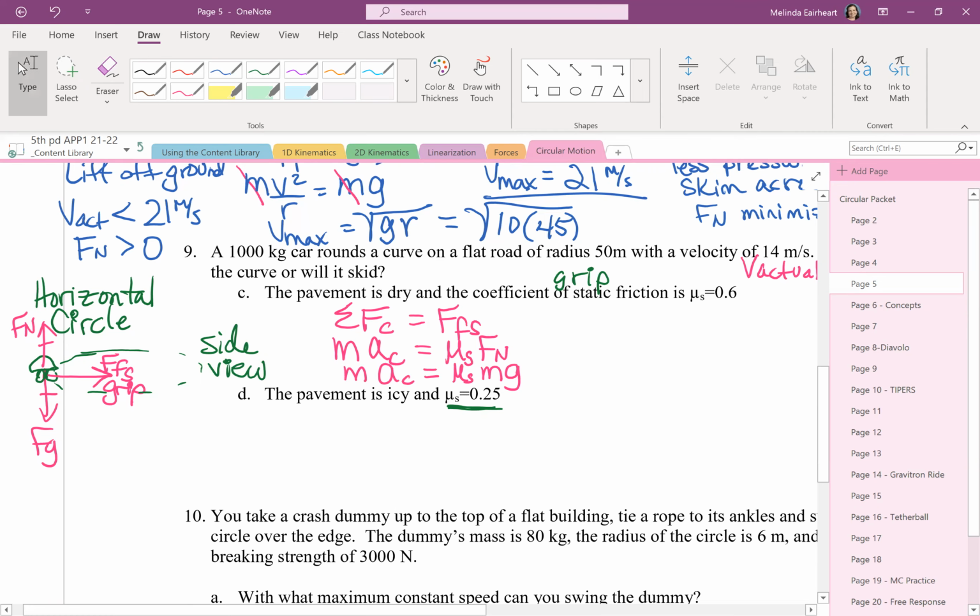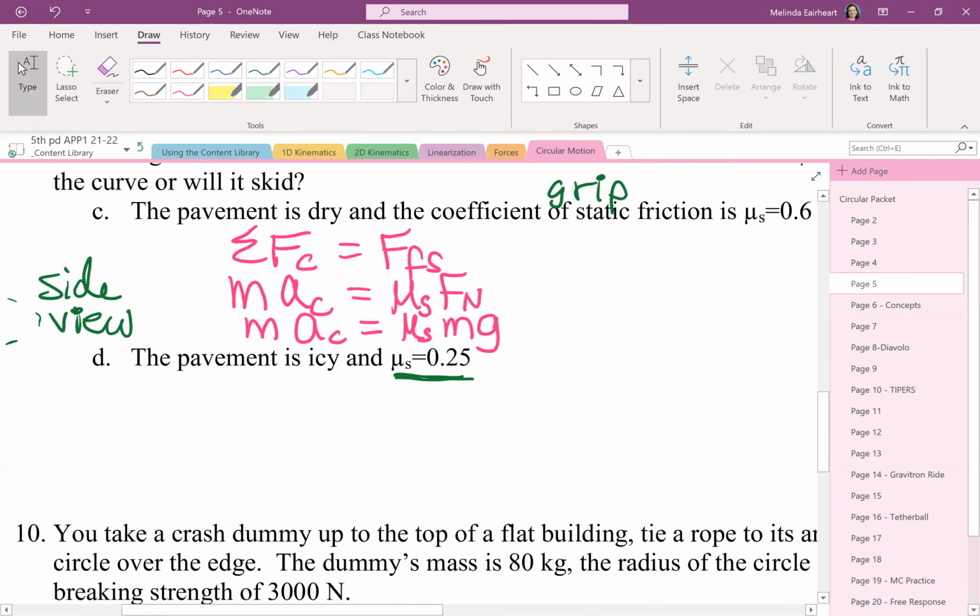What do you notice? I can cancel mass. Now they gave it to us, so that's okay. If they had us actually find the frictional force, then we would need the mass. But here I said we're going to be solving for the speed for comparison, and so mass cancels when you solve for the speed.